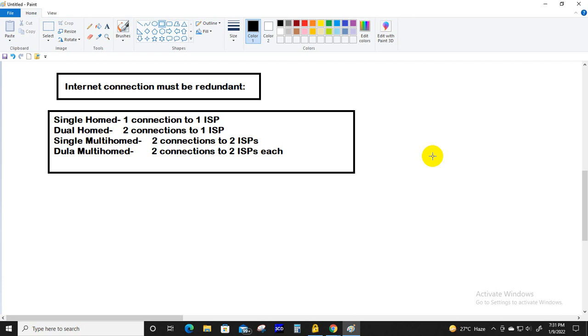Now the last part we will discuss Internet VPN.